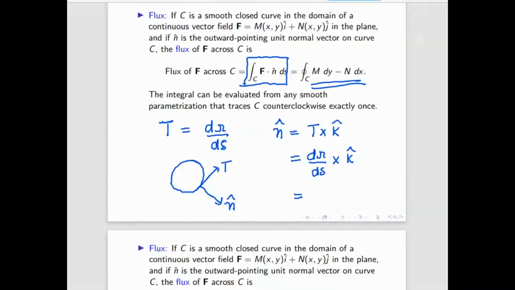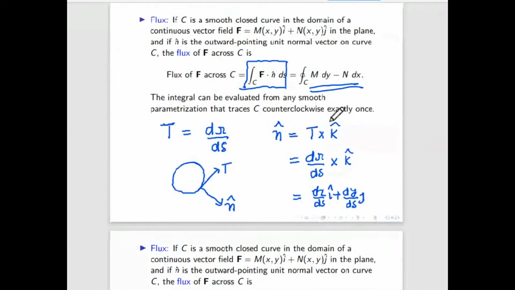So the r value I am putting here. dr by ds will give dx by ds i cap plus dy by ds j cap. This is dr by ds and cross product with k.